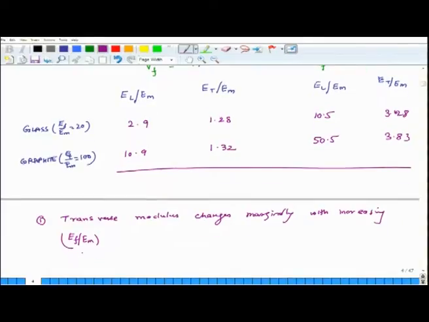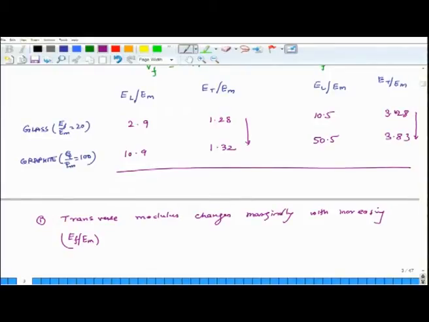The story is the same here also, from 3.28 to 3.83, here 1.28 to 1.32, not a significant change, but longitudinal modulus goes up significantly. It goes up from 2.9 to 10.9 and 10.5 to 50.5.